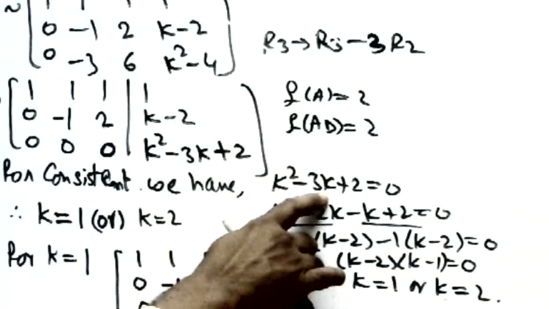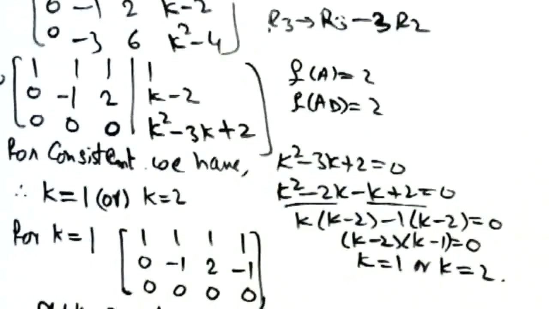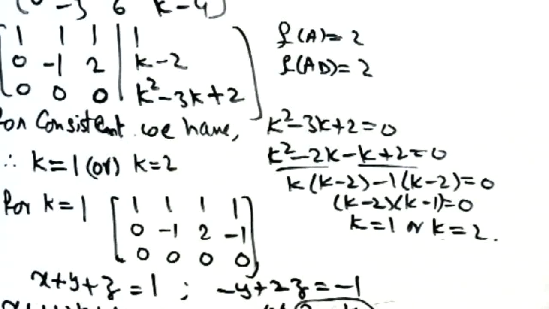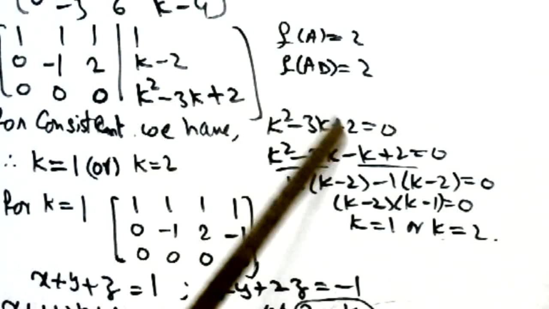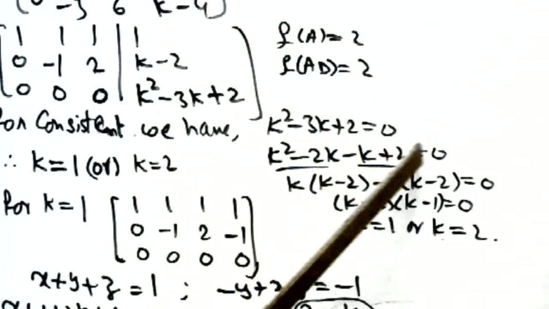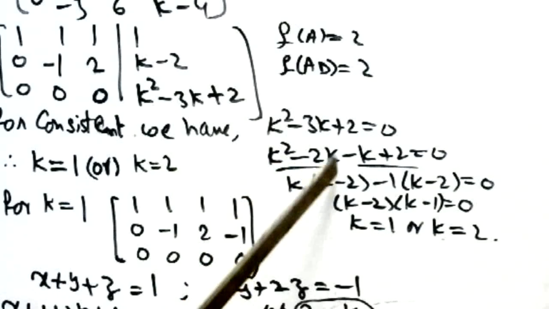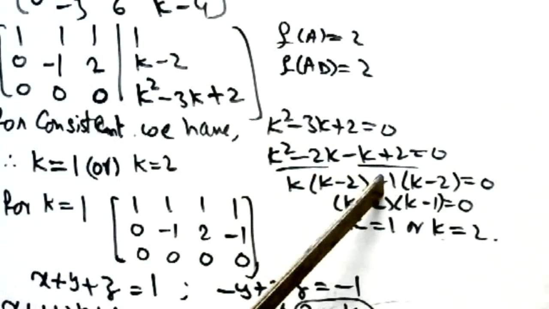Therefore, we write for consistent, we must have k square minus 2k plus 2 equals to 0. This is the quadratic equation. Either you take the values from calculator, or let me factorize this one. So k square minus 2k minus k plus 2 equals to 0. If we take k common, we are left with k minus 2.